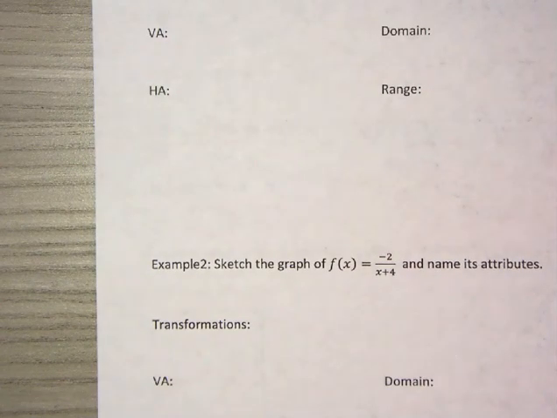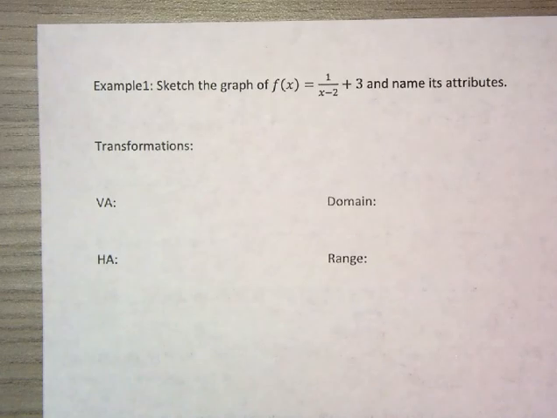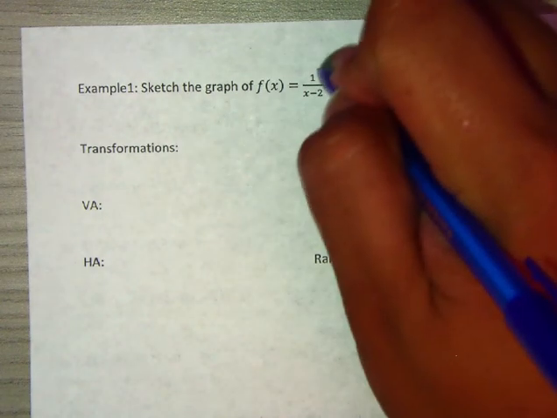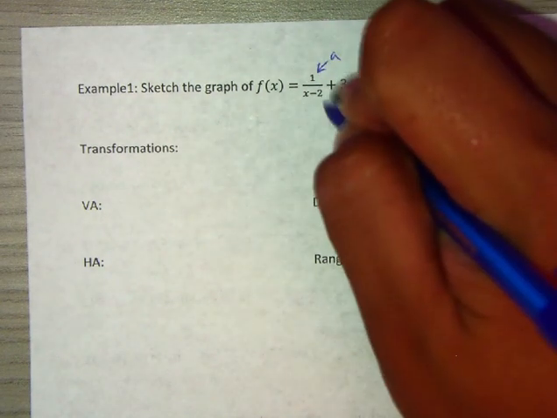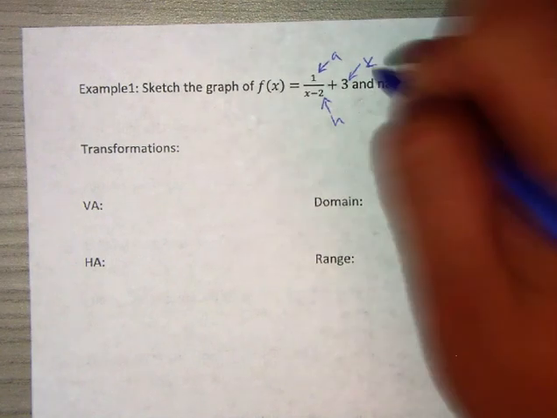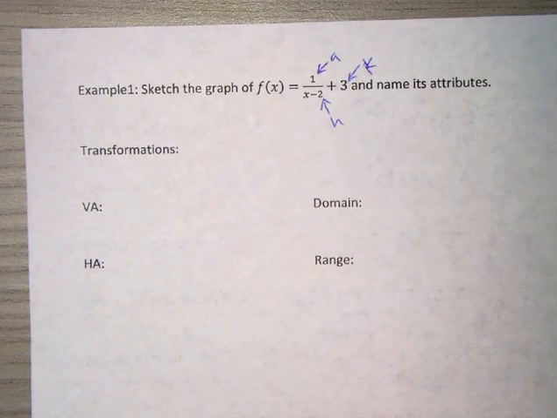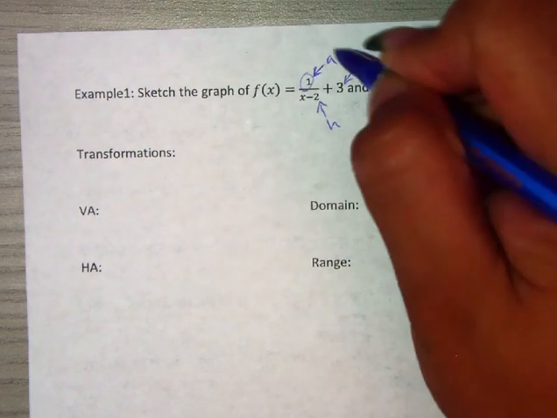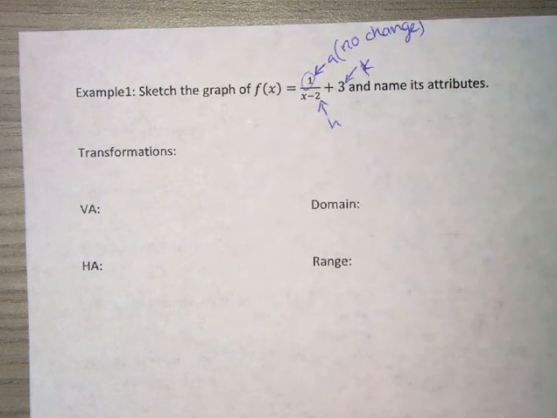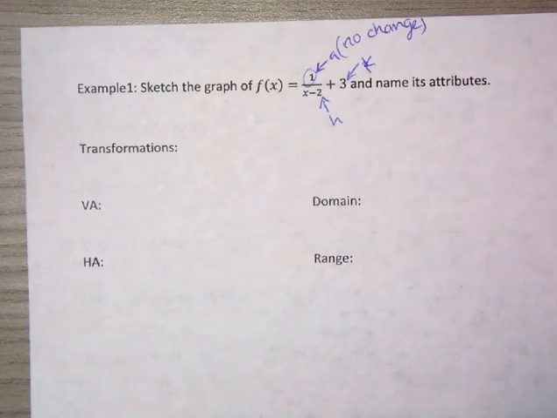Right here, example number 1, we have a function that has an a value of 1, an h value of 2, and a k value of 3. Because the a value is 1, there's going to be no change as far as the a description.